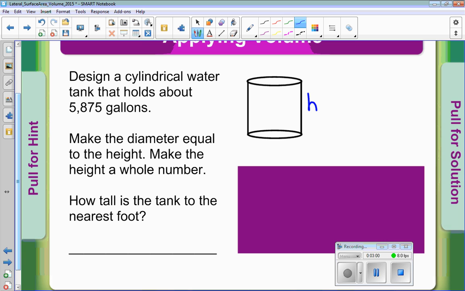What's the volume of a cylinder? Let's try it. Give me the formula. No. Pi r squared h. Okay. If the diameter is equal to the height, isn't that 2r? My problem is that it says foot, so it'd be foot squared, and then foot cubed.